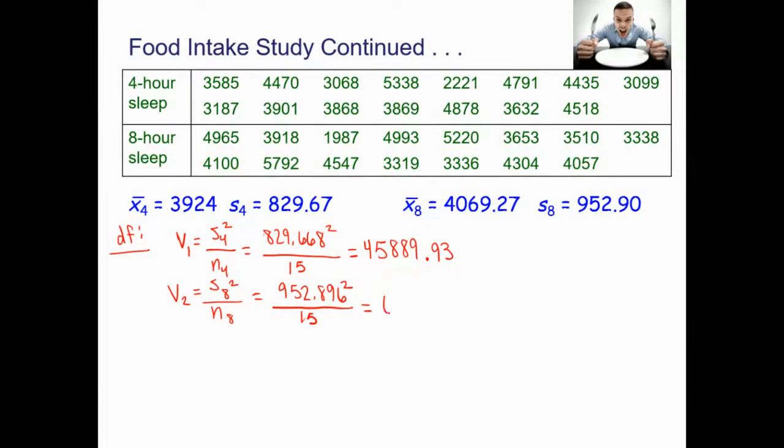That's gonna give us 60,534.05. And then we use these values to get degrees of freedom, using our lovely formula.